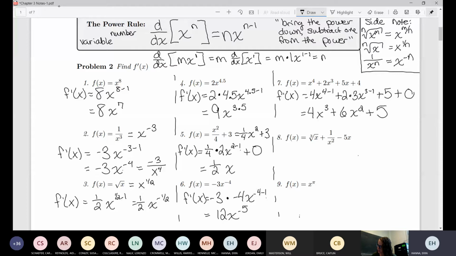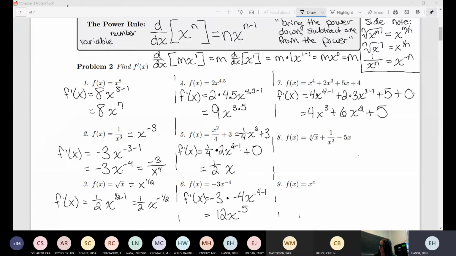Which would be mx to the 0, but anything to the 0th power is just 1, so that's how that holds. So if you want to think about the derivative of something times x as a power rule, you totally can. It'll work out. I personally just find it easier to think about it as its own completely separate rule, but whatever is easier for you, it technically is a power rule if you want to view it as one.